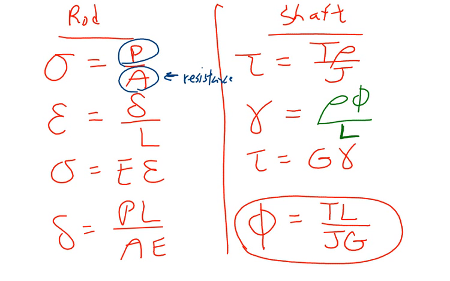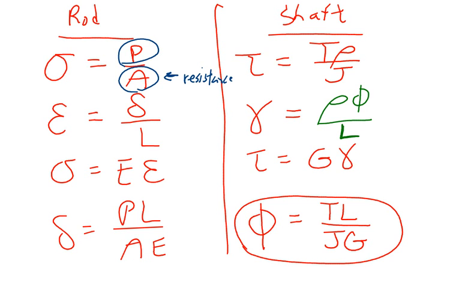Okay? So a large area provides a lot of resistance to that load P. Right? For a given P, if I have a large area, the stress stays small. For that same P, if I have a small area, that stress is big.